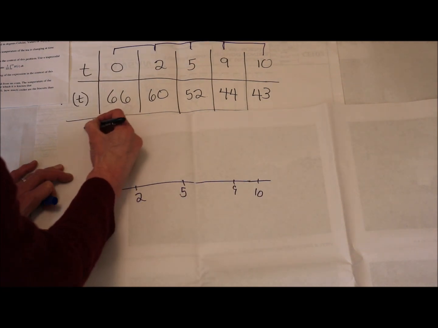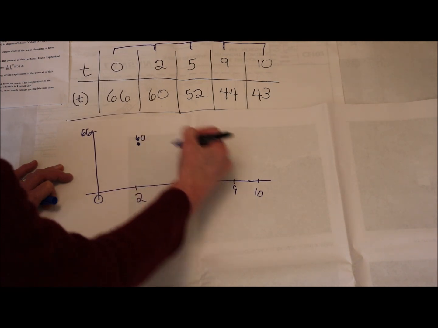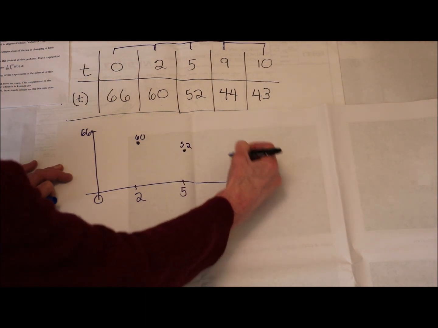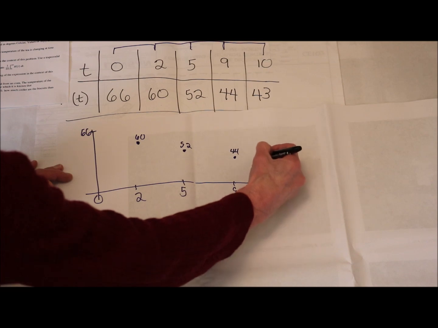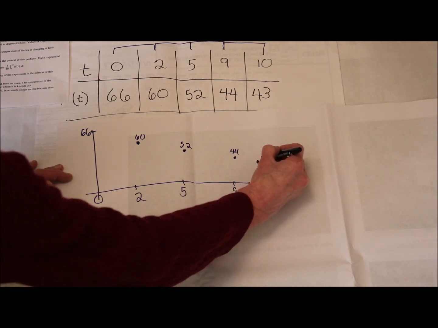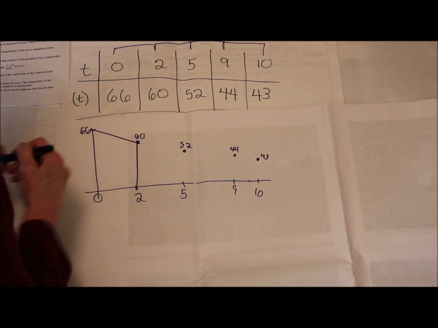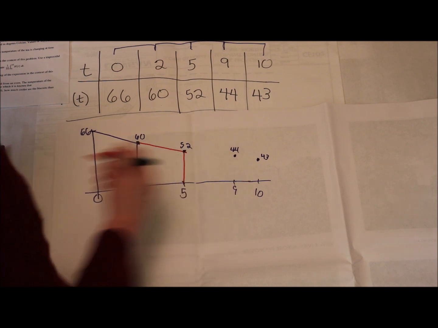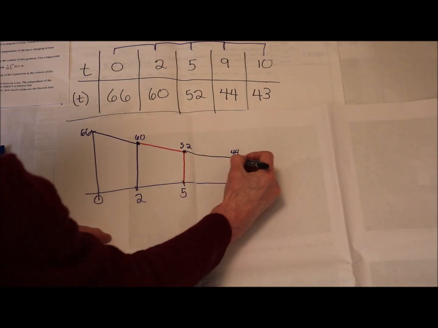Okay, so 0 has a y value of 66, 2 has a y value of 60, 5 has a y value of 52, 9 has a y value of 44, 10 has a y value of 43, and I'm making little trapezoids. Fun little trapezoids. Going for some color coding here.